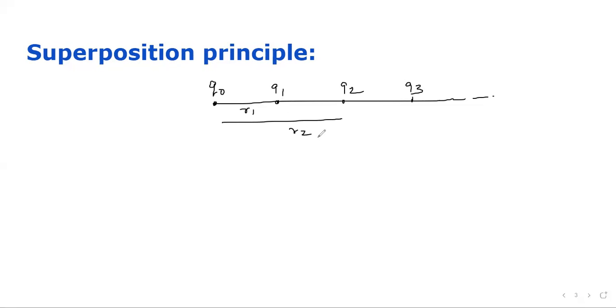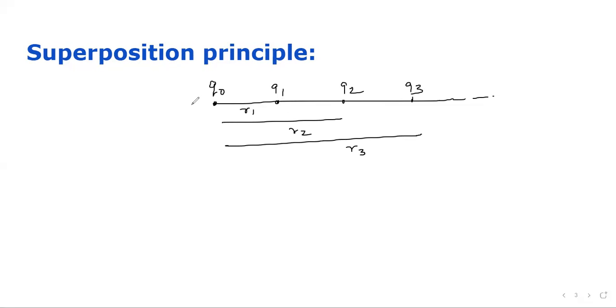Now, next thing is the superposition principle. Suppose there are many charges and we want to calculate the force on a particular charge. Suppose this is Q0, another charge is Q1, next charge is Q2, next charge is Q3, etc. And the separation between the first two is R1, then this is R2, then the next one is R3.